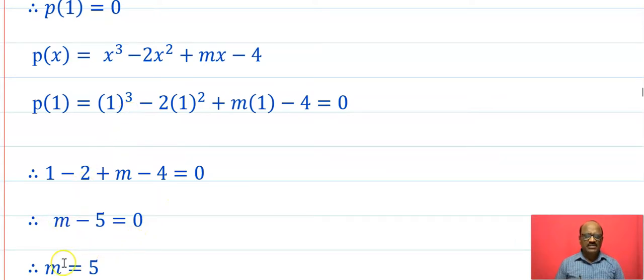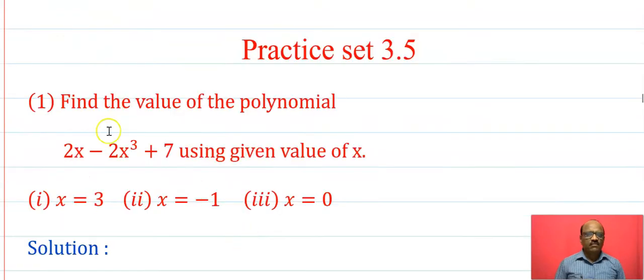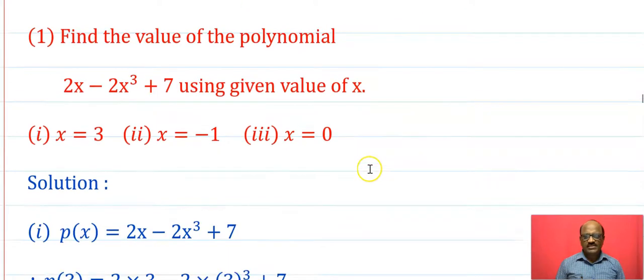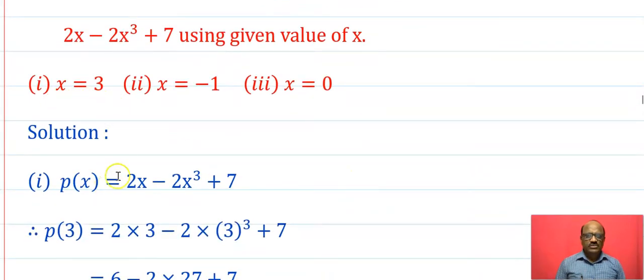Now we'll start the practice set 3.5. Now find the value of the polynomial 2x minus 2x cube plus 7 using the values of x: x equal to 3, x equal to minus 1 and x equal to 0.